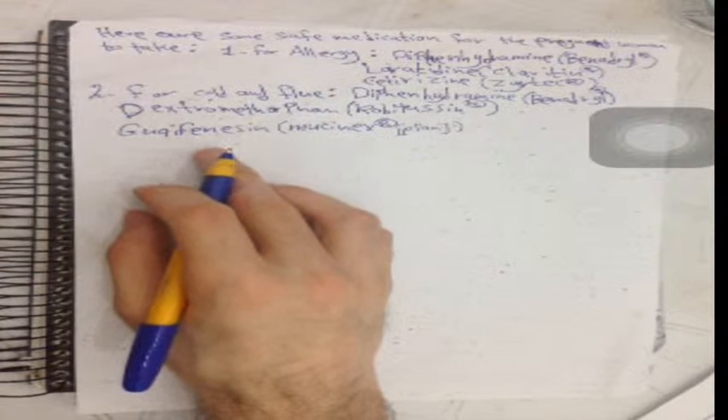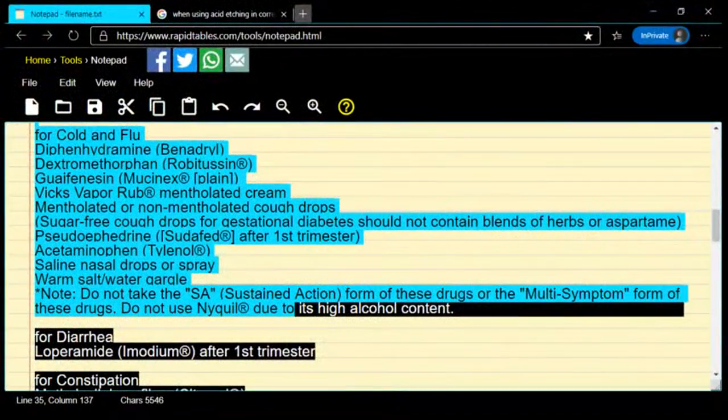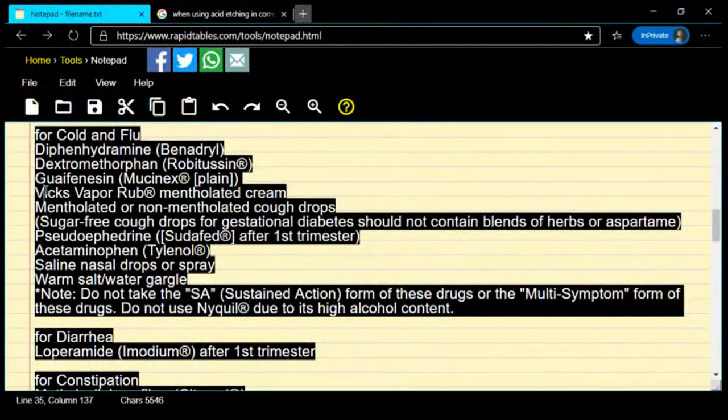Guaifenesin. Then we have here many others, like the Vicks VapoRub, the mentholated or non-mentholated cough drops, etc. Let's write them down.